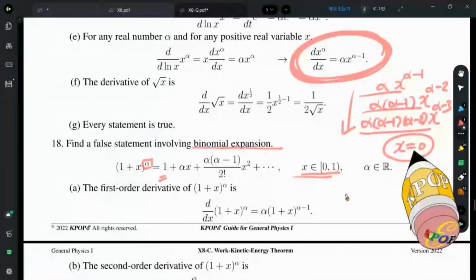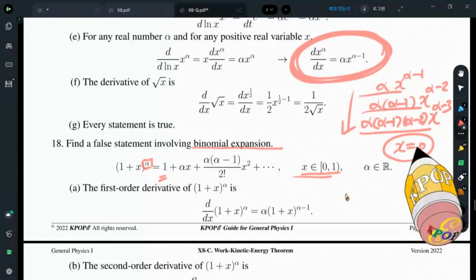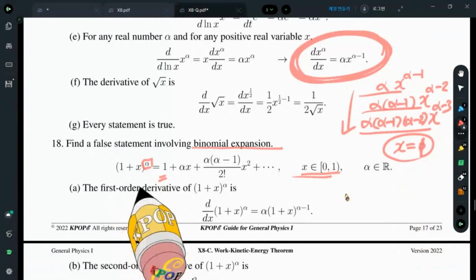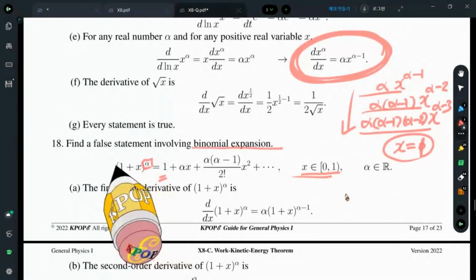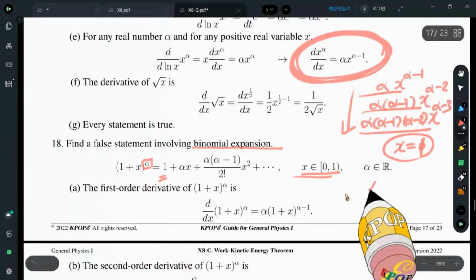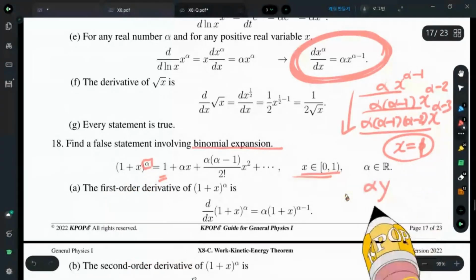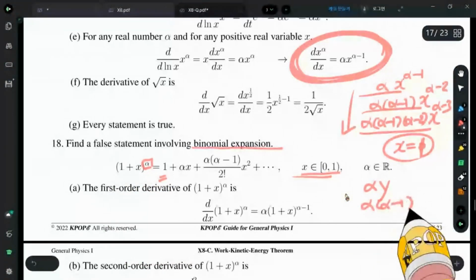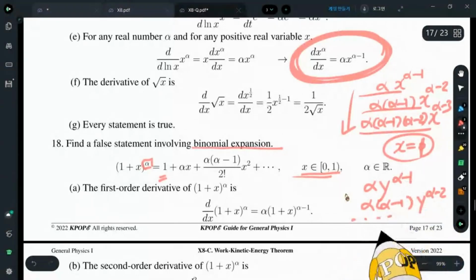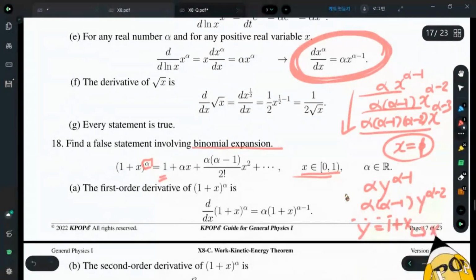at x equals 0. For example, because it is 1 plus x, when I substitute x equals 0, it is evaluated to 1. So it's better to write alpha minus 1, alpha minus 2, and so on. And then substitute y equals 1 plus x, and take the limit x goes to 0.